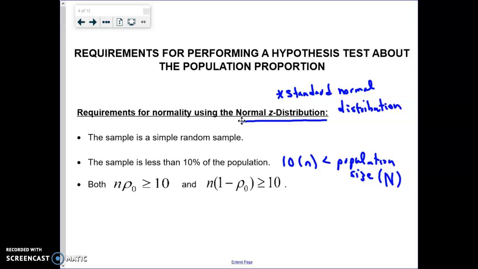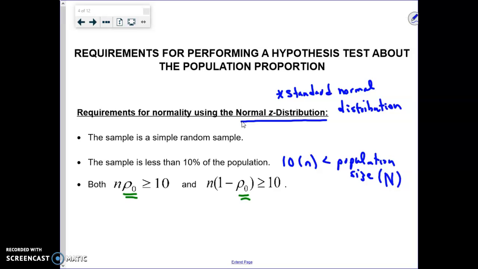And then both n times the hypothesized proportion has to be greater than 10, and n times 1 minus the hypothesized proportion has to be greater than 10. Now, where do we get these values from right here? What does this mean, p sub 0 or p sub naught? Well, when we set up our null hypothesis, we're assuming that the null hypothesis is true.